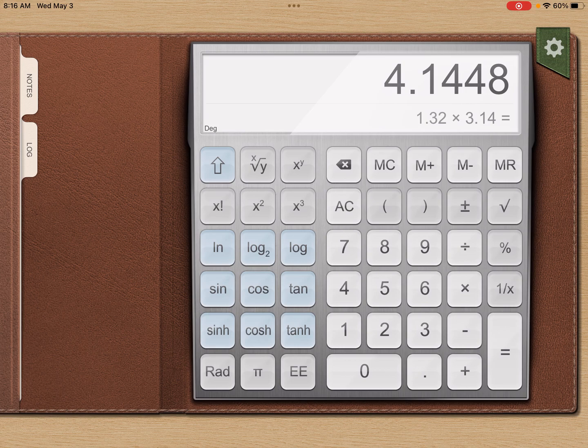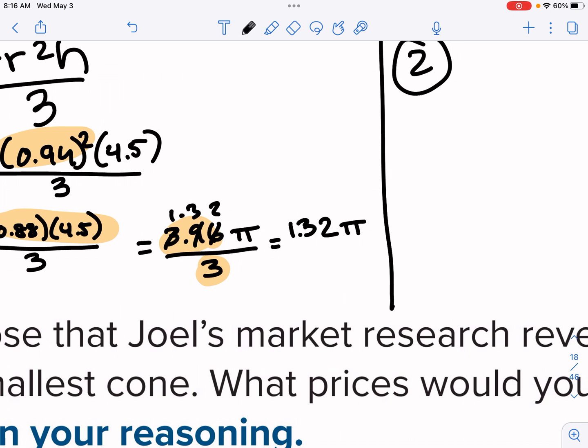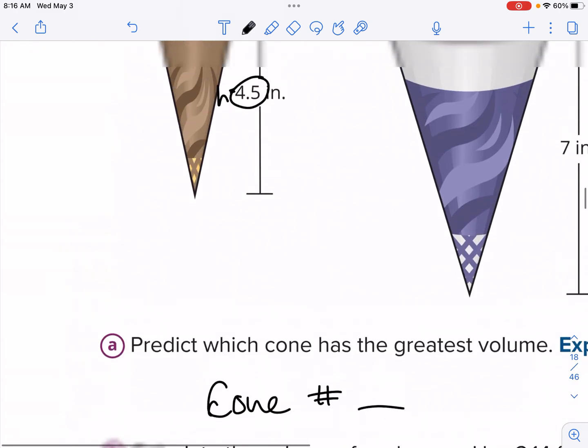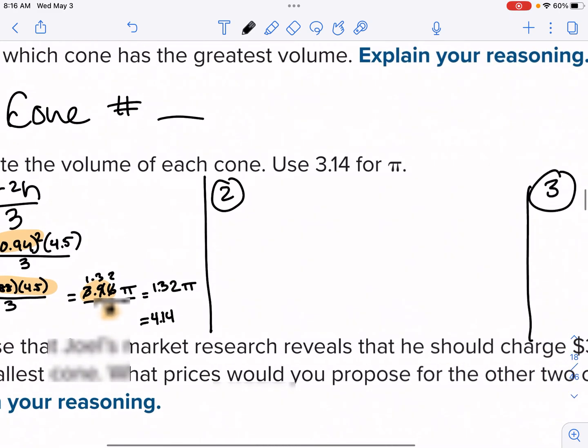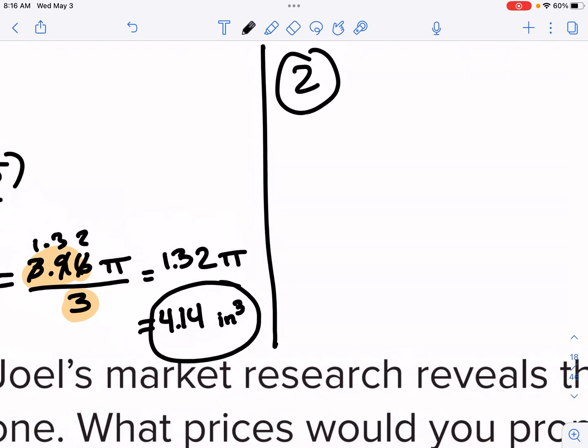So we have 4.14. And our units were in inches, so this means that it's cubic inches. All right, let's circle this.